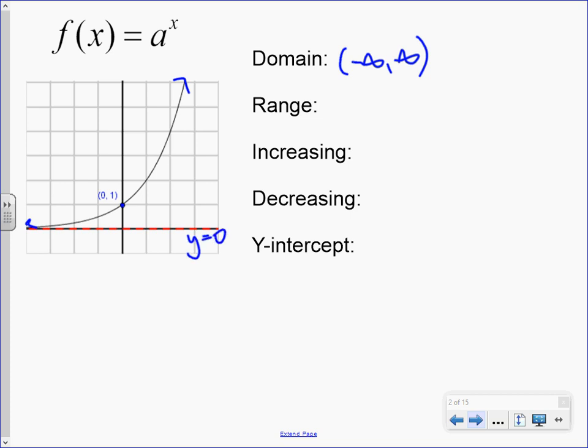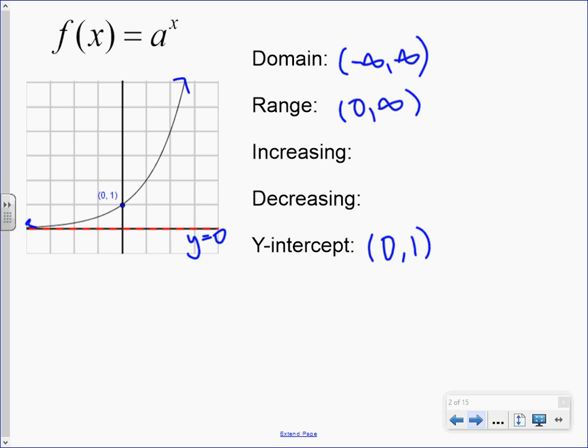Since that's the case, Tegan, how would we describe the range? Everything above 0, so 0 to infinity. Our y-intercept is going to be (0, 1), because a to the 0 gives us a value of 1. That will change if there are any shifts or stretches.